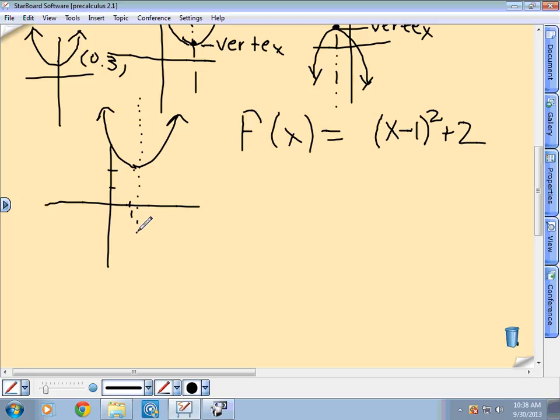X equals 1. I'm sorry, I didn't draw it really well through here. No, it's going to be x because it's a vertical line. You're right. X equals 1. That's going to be my axis of symmetry. And then what's my vertex going to be, Ben? 1, 2. Good. Yeah. Okay.